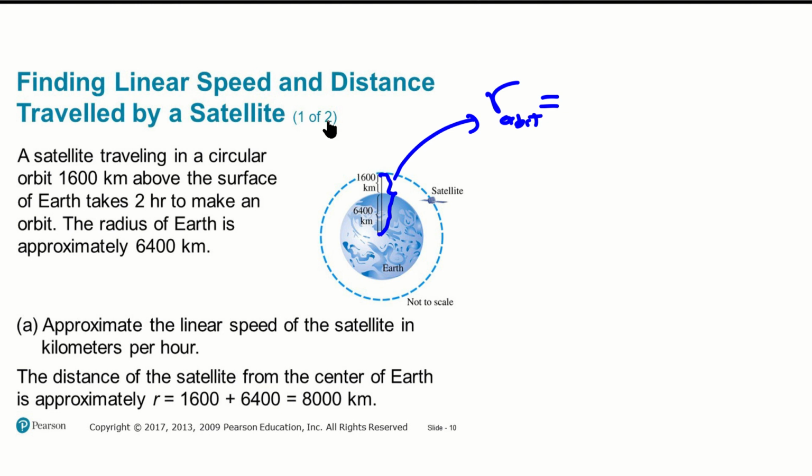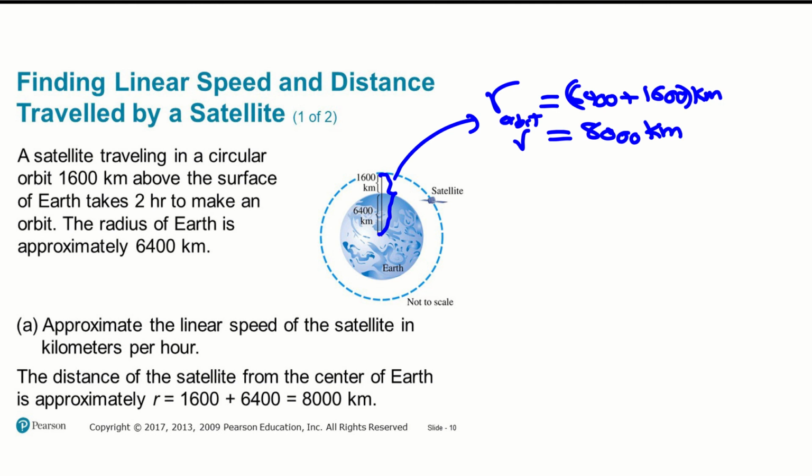So we're going to go ahead and add the 6,400 kilometers to the 1,600 kilometers to get an orbital radius of 8,000 kilometers.